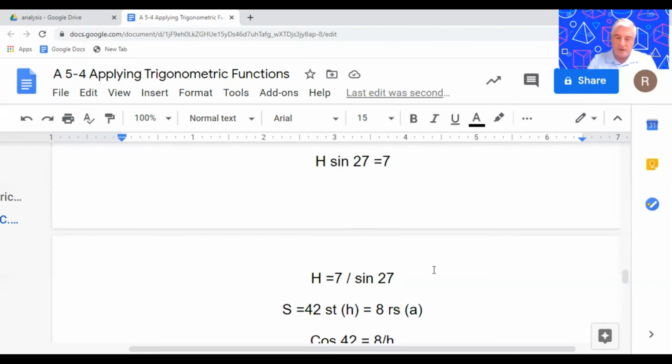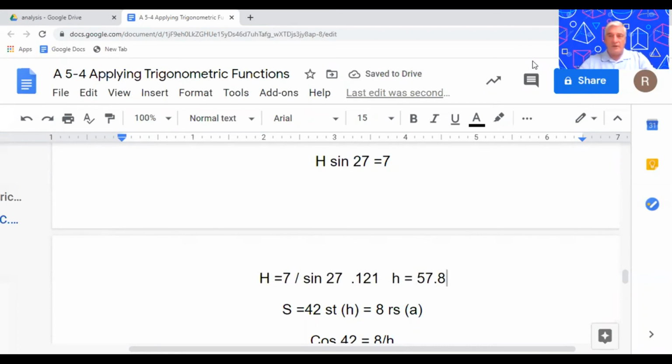The sine of 27 is equal to 0.121. 7 divided by 0.121 is 57.8. H equal 57.8.